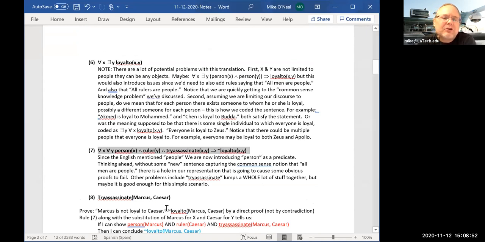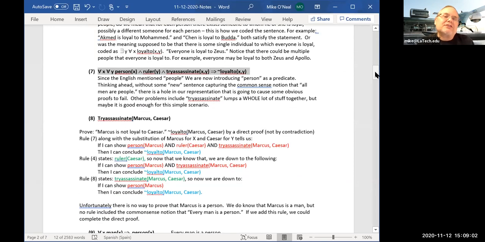So if I say prove that Marcus is not loyal to Caesar, there are a couple of places I might have tried to start out. I might have tried to start out with 6, but we'll use 7, because basically 7 is an if statement whose conclusion, not loyal to, is what I want to prove.